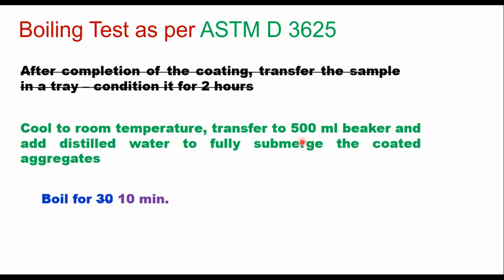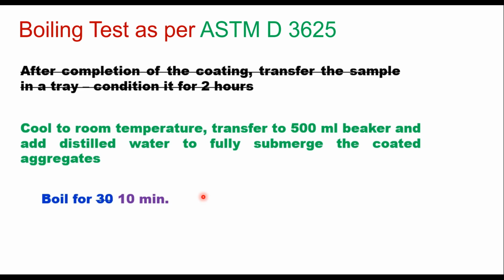And after putting in the beaker, add distilled water to fully submerge the coated aggregate. Boil it for 10 minutes, not for 30 minutes as given in IS 6241. And after the end of 10 minutes, remove the container from the heat source. Skim off any free asphalt from the surface of the water to prevent recoating.